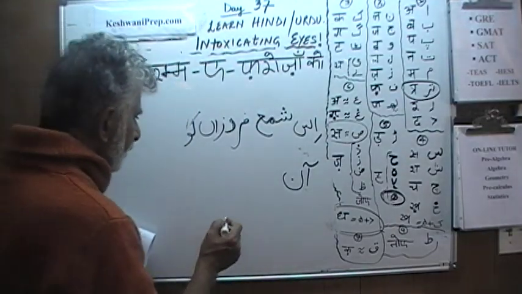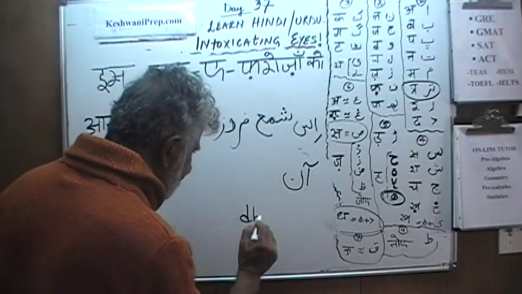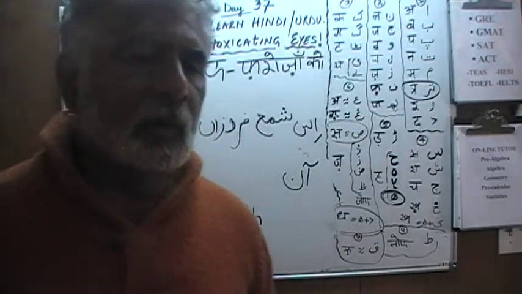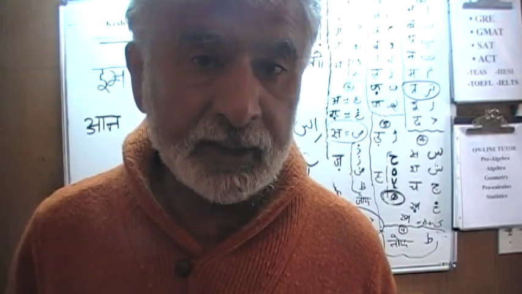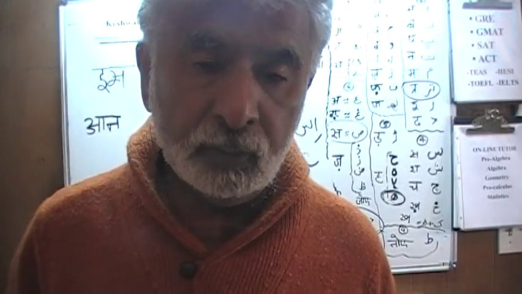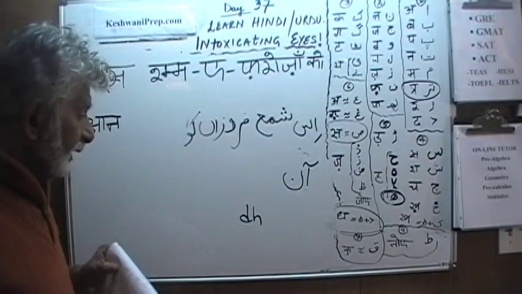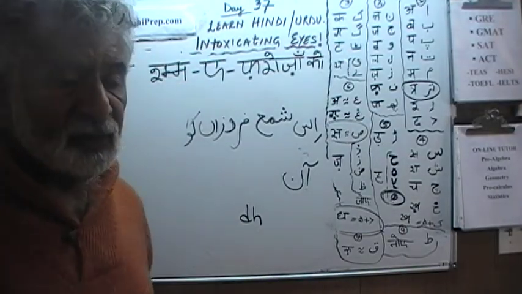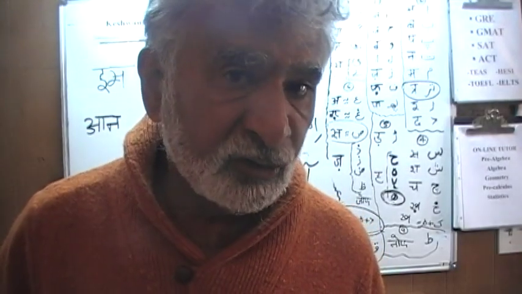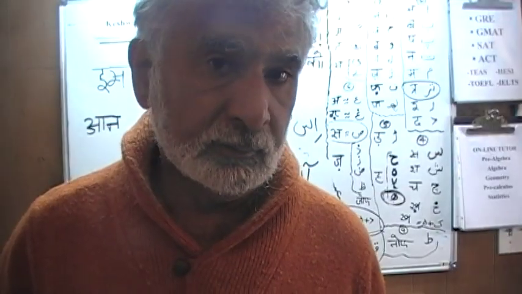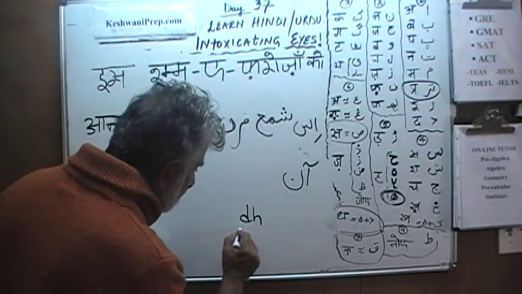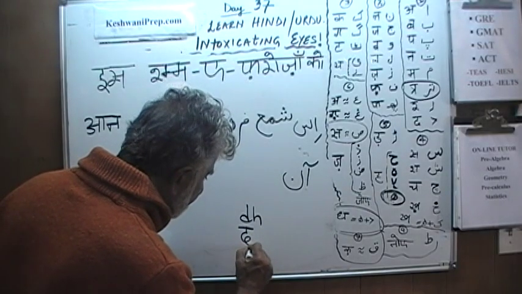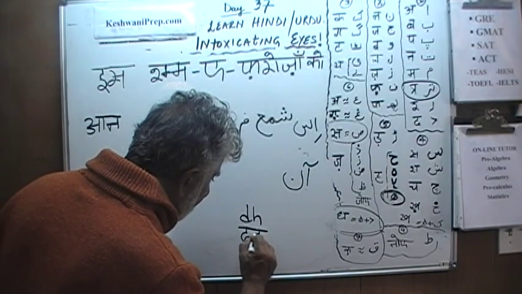What we're looking for is the, like D and H. So what do you do if you want to produce a sound the in English? You would put D and H. Same thing we do in Urdu. Except in English it is even worse, because English makes no distinction between a the and a the. This is the, not the. This is the.